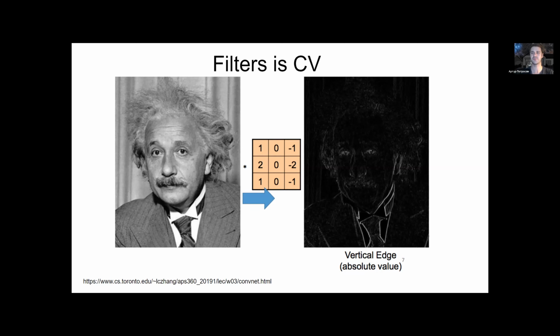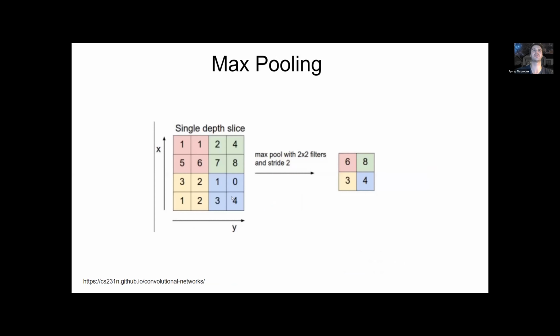So for now, we can see that these kernels extract some features, some things about the image, and we need to also discuss another operation called max pooling. Max pooling is just a way to make your image smaller. Usually images are pretty large, and when you apply some kernels, some filters, you don't need the full image.